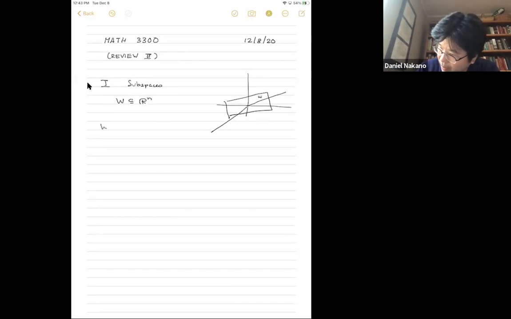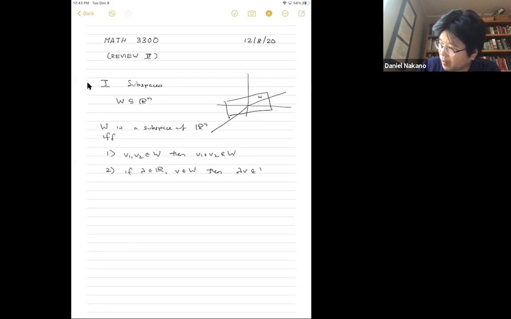So W is a subspace of Rn if and only if one, if V1 and V2 are in W, then V1 plus V2 is also in W. And two, if lambda is a scalar and V is in W, then lambda times V is also in W. Okay, maybe there should be an if over here too, right? Any questions on this?